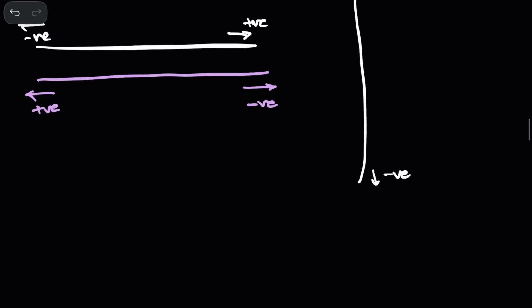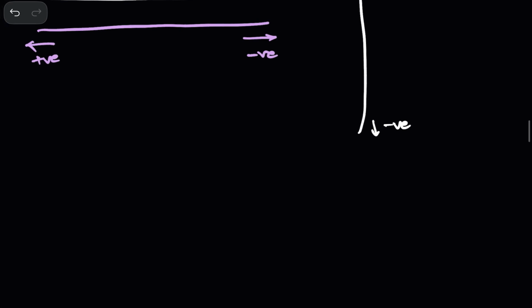These are things that we assign, right? So they could choose left as positive and right as negative. Whatever you choose, the physics would remain the same, but the signs in the equation would change.